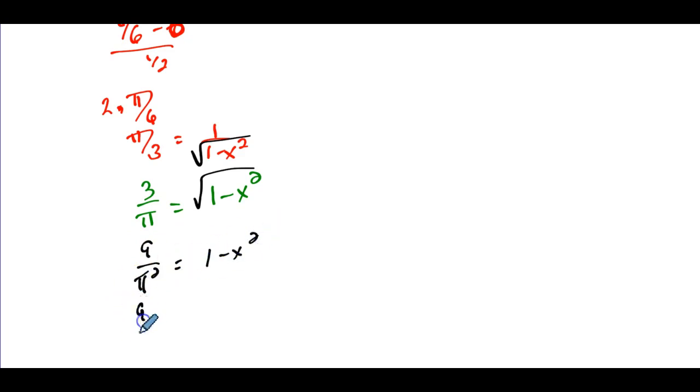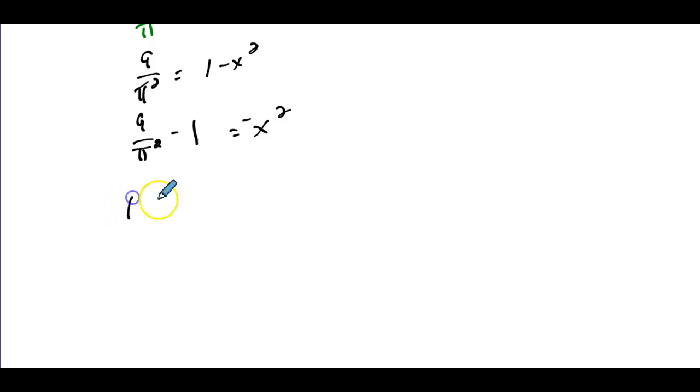Now let's subtract off the ones. And again, should we find a common denominator by making this pi squared over pi squared, or just leave it? Let's flip this around. 1 minus 9 over pi squared, and then we'll take the square root of that.